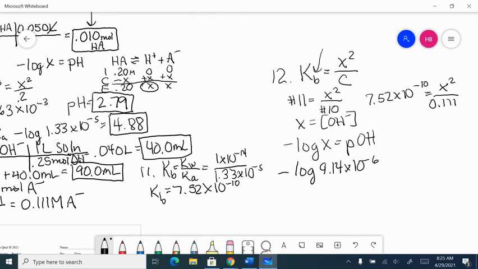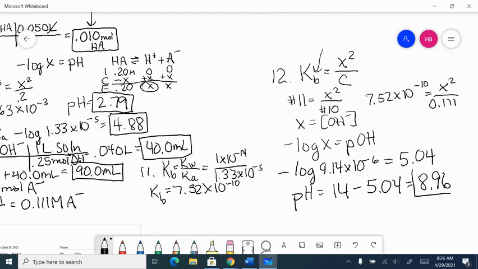The negative log of that is 5.04. The pH is going to be 14 minus 5.04 then, for 8.96, that's the answer to number 12.